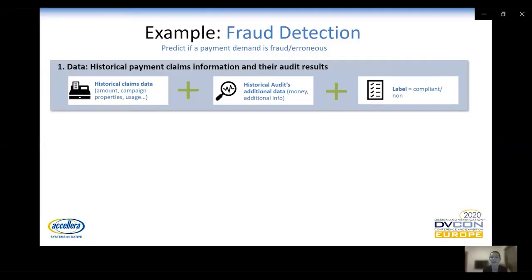As a background, Intel reimburses its partners whenever they do some advertisement and call out the Intel brand. So there are specific guidelines on what the advertisement should include in order for the partner to be entitled to the reimbursement from Intel.